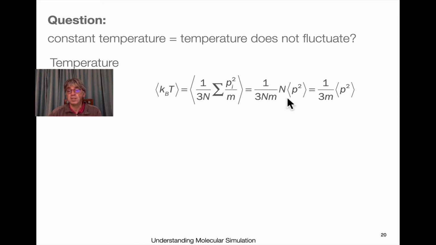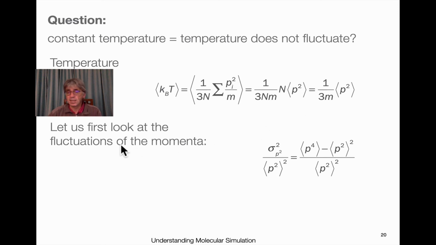And if you do this, this is the sum over all particles, you can put the ensemble average here, and that is by definition an average over the momentum squared of all the particles. And this is then, as you would expect, independent of the number of particles. So you see the average temperature is related to the average kinetic energy. This is nothing special.